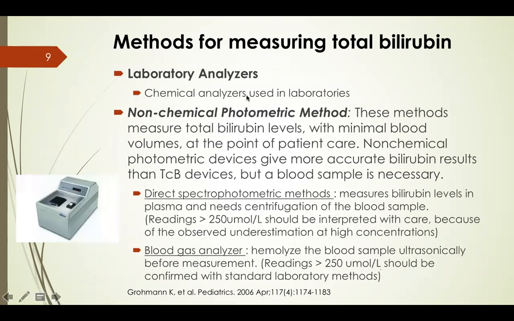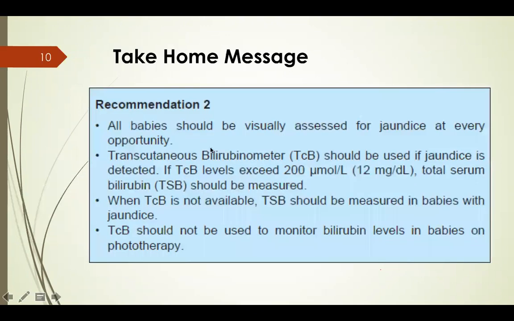Another thing is the non-chemical photometric method. This one you no need to know. You need to remember one thing: every baby, you need to visualize by Kramer's rule. The best is if you have a transcutaneous bilirubinometer because you can reduce the waiting time.